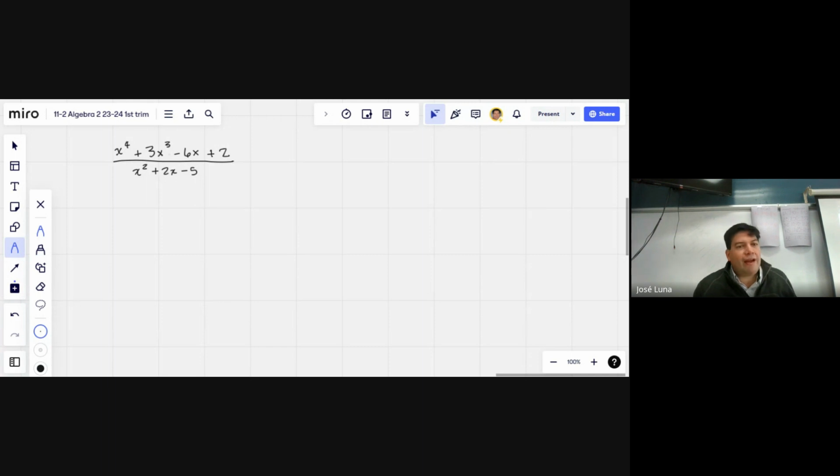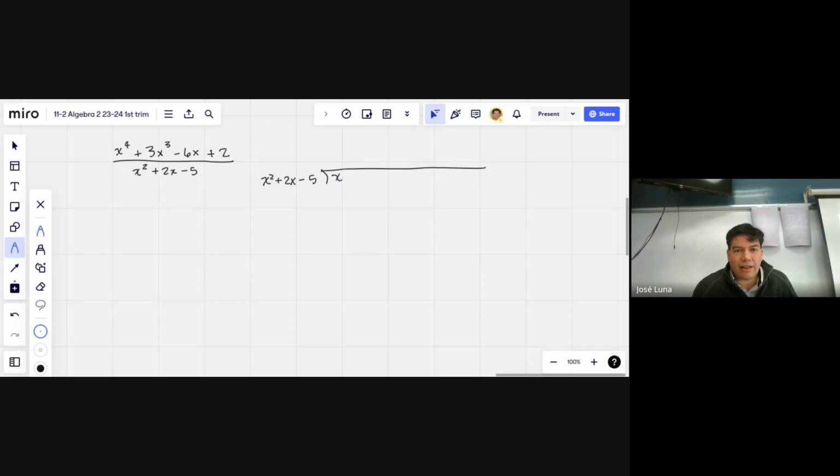Okay, we do have to pay attention to this because in the division, we need to leave the space for that x squared. So I'm going to do it right here. I'm going to write the divisor, x squared plus 2x minus 5, divided into x to the 4th.